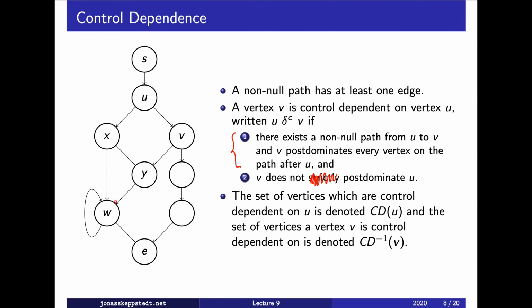What does that mean really? It means that there is no way to go from this successor, the first vertex on the path after U, without going through W. In practical terms, that means U decides that W will be executed another time.